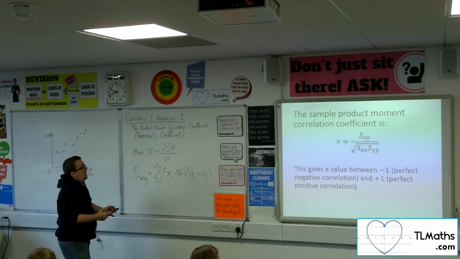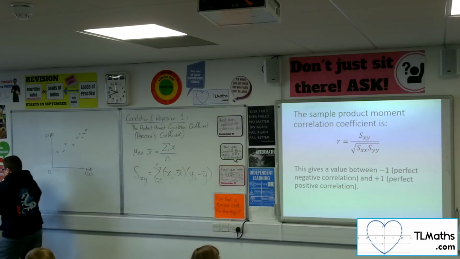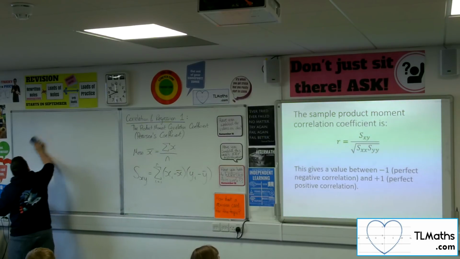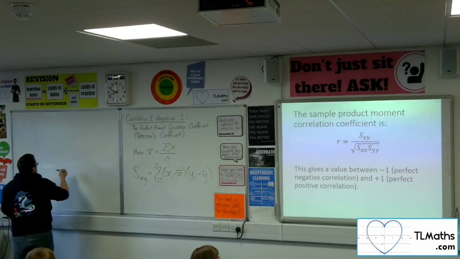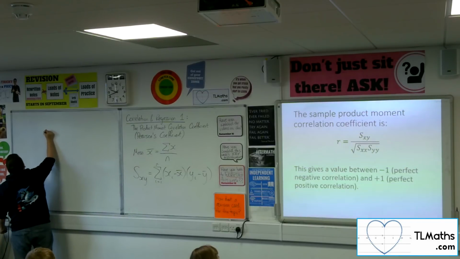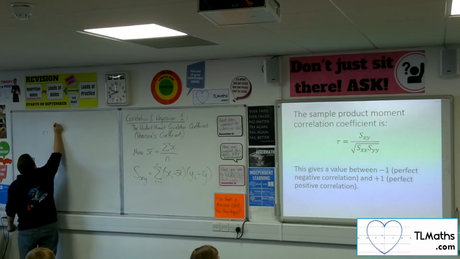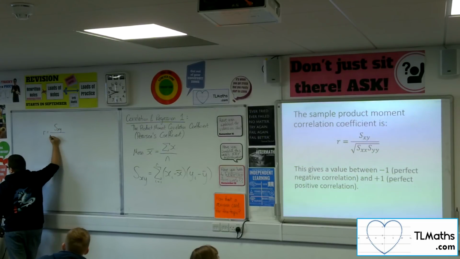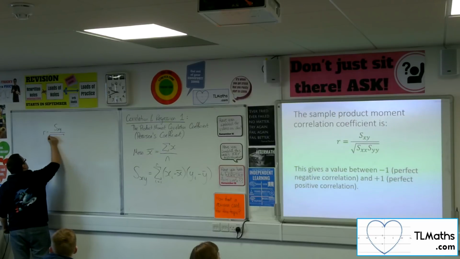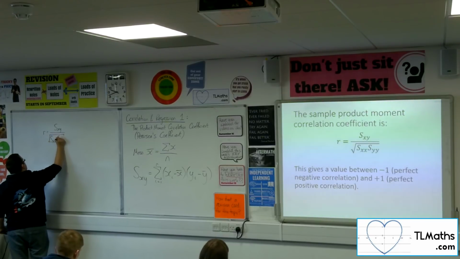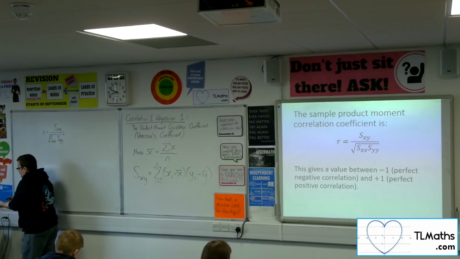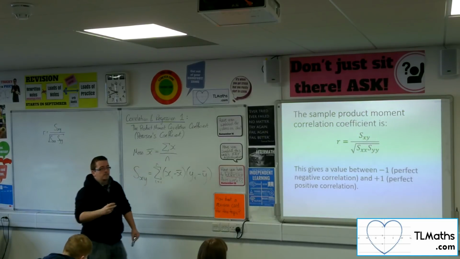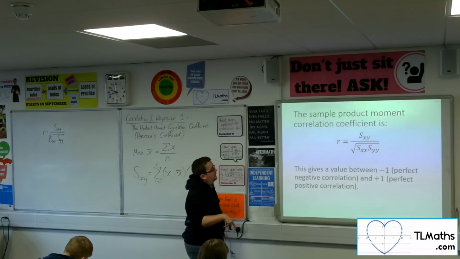And this is how we scale it. So we say that our sample product moment correlation coefficient is given by this formula.